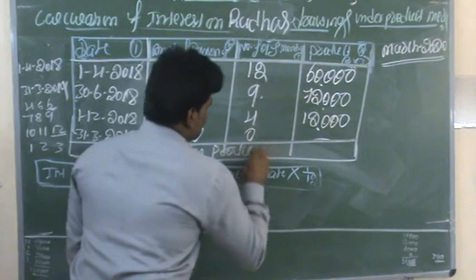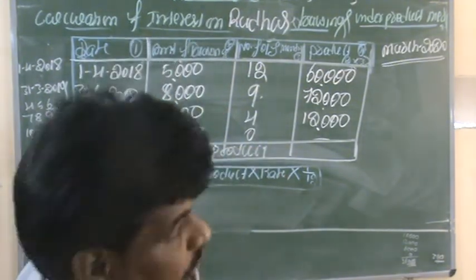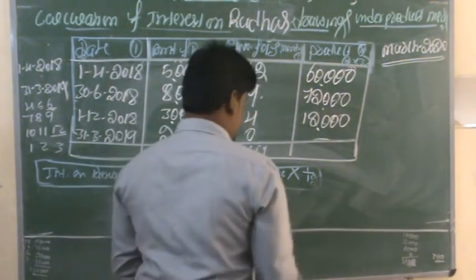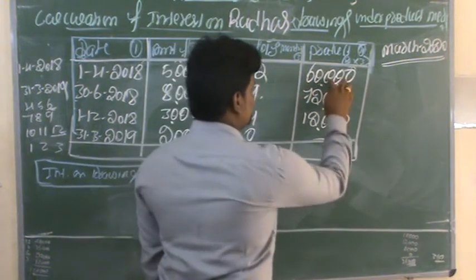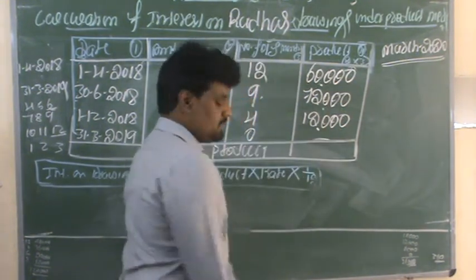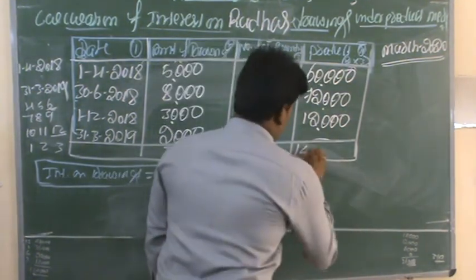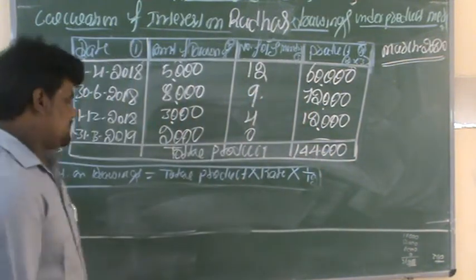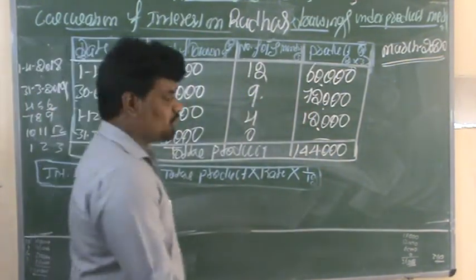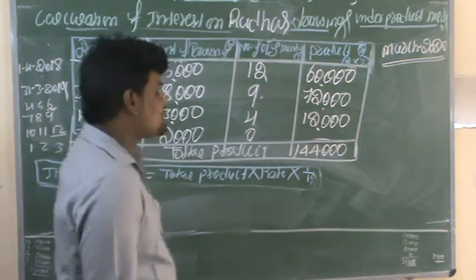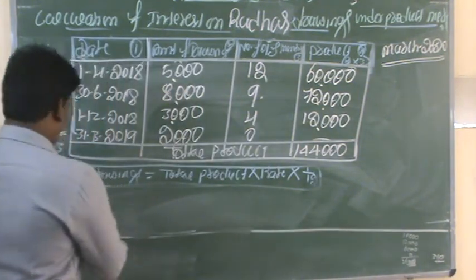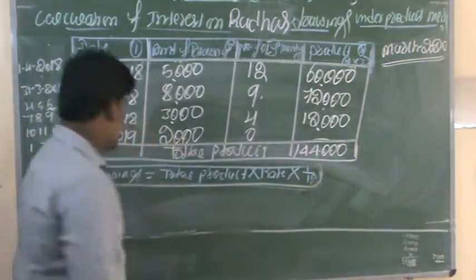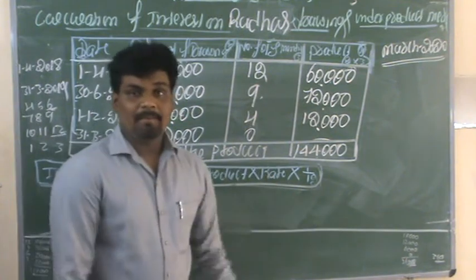So here we need to get the total product. The total product is 60,000 plus 72,000 plus 12,000, which is 1,44,000. Now we need to ascertain interest on this product by applying the formula: total product into rate into 1/12.